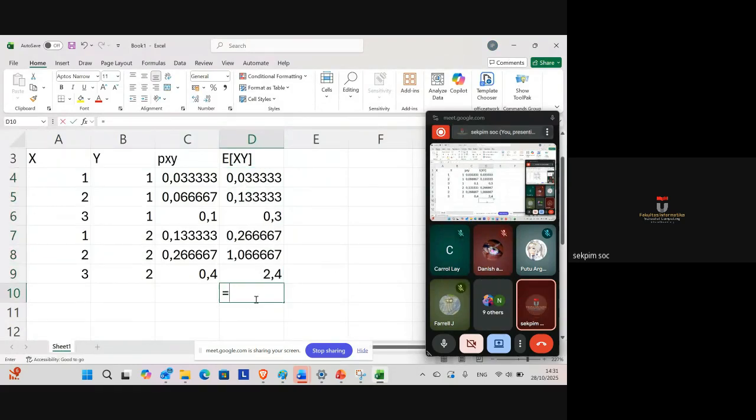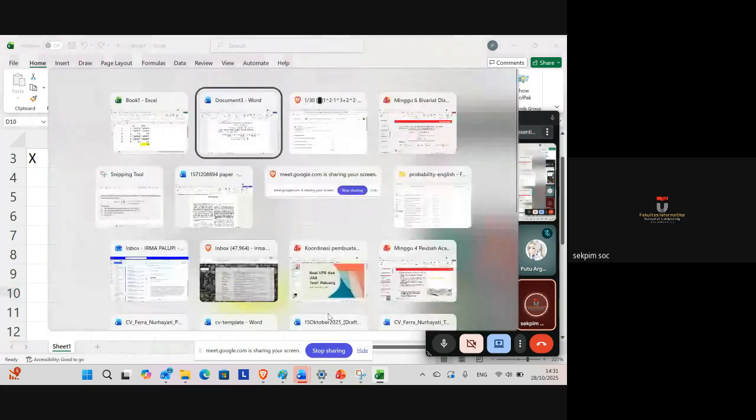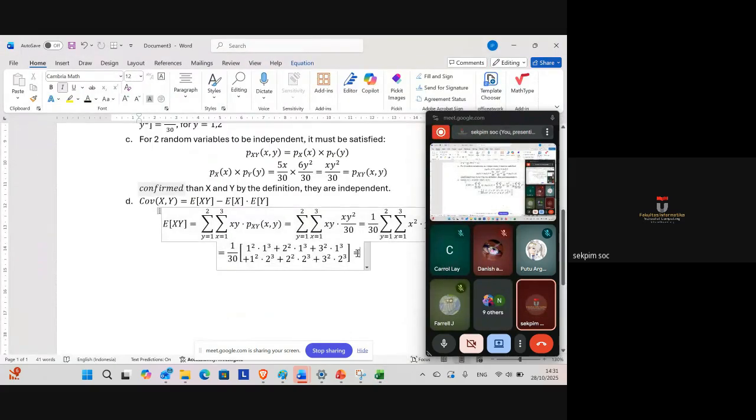So this is the sum of this one. So this is the result, 4.2. So this is the answer for the expectation of xy.